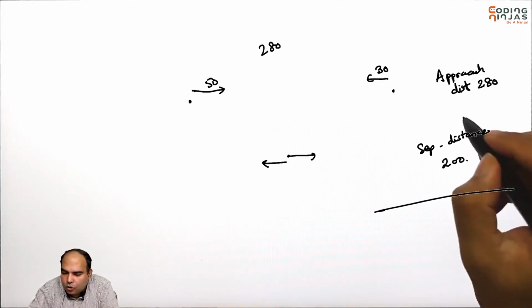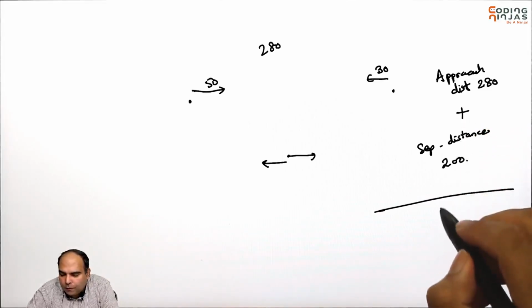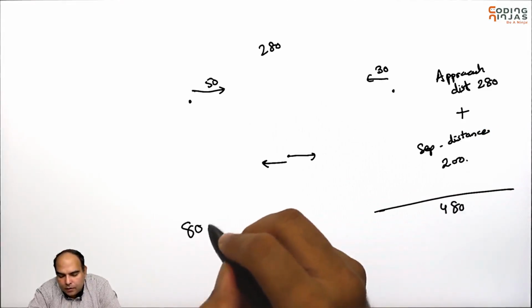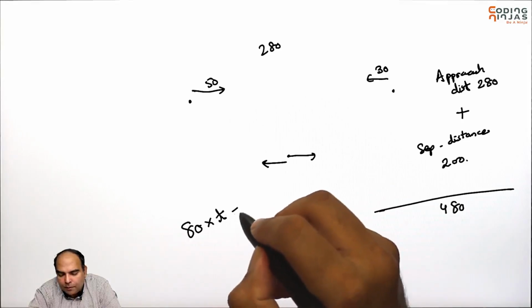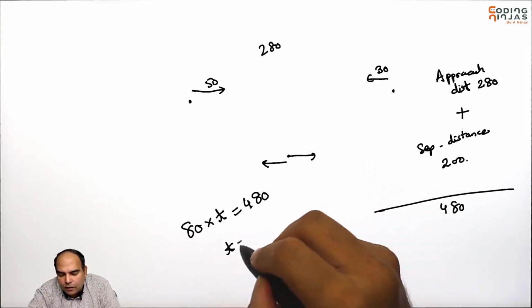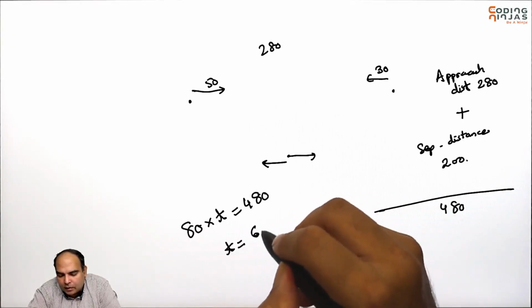So in this scenario, the total distance that will have to be covered will be 480, and since the relative speed is 80, time is t, speed into time equals distance, you have to place 480 as the distance here, and hence the value of t becomes 6 hours.